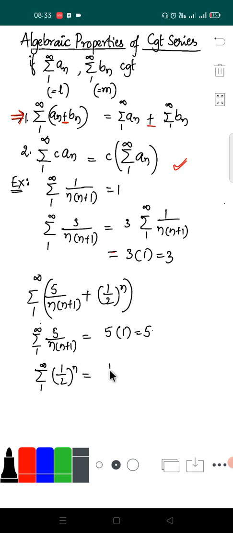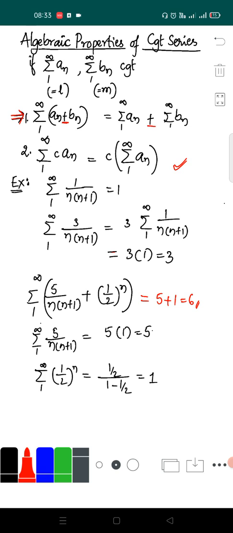A is nothing but half, the first term of this series, and the common ratio is half, so it will be half by half, that is 1. So from the above law, this series converges to 5 plus 1, that is 6.